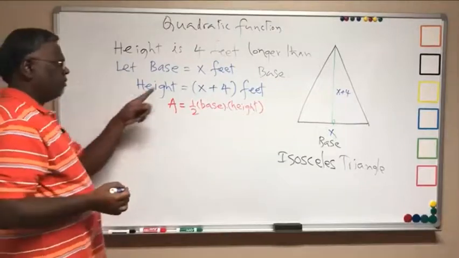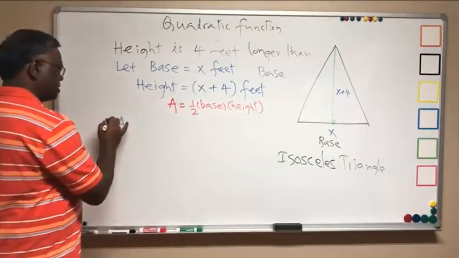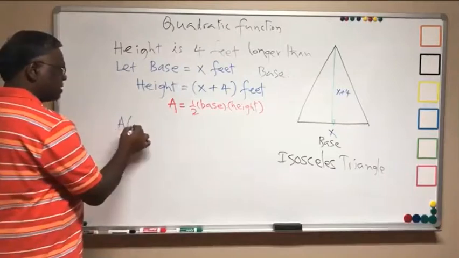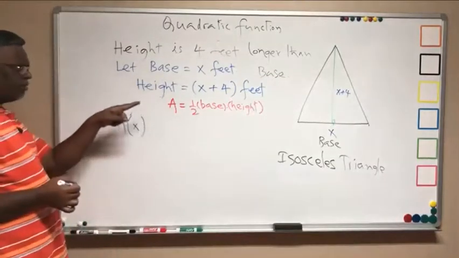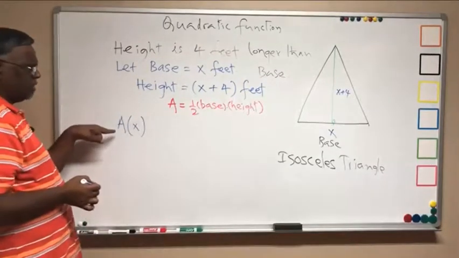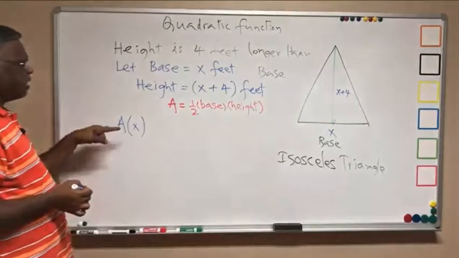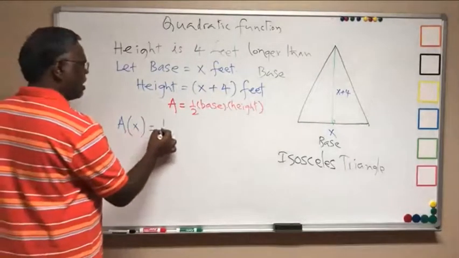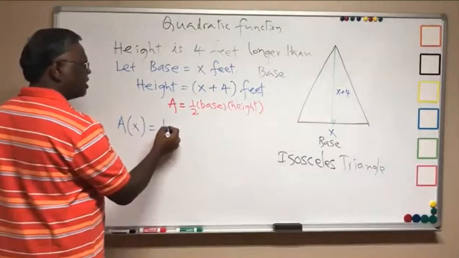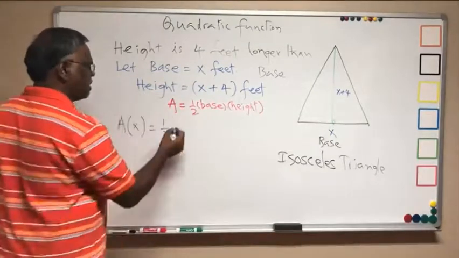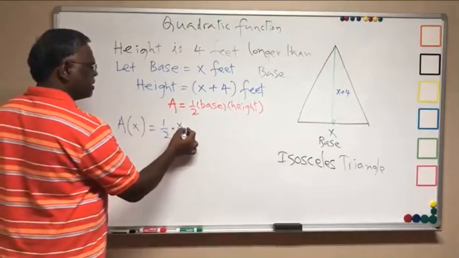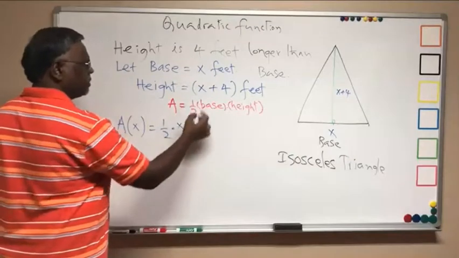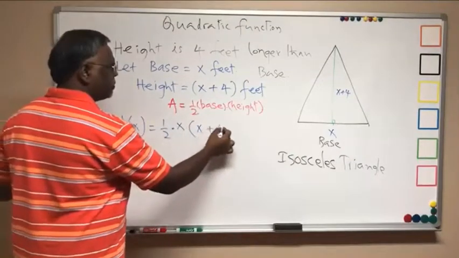Here we have the variable x instead of numbers. As you have x's, I'll write the area of the triangle as a function of x. So A of x is equal to half. What is my base? The base was x. And what is the height? x plus 4.